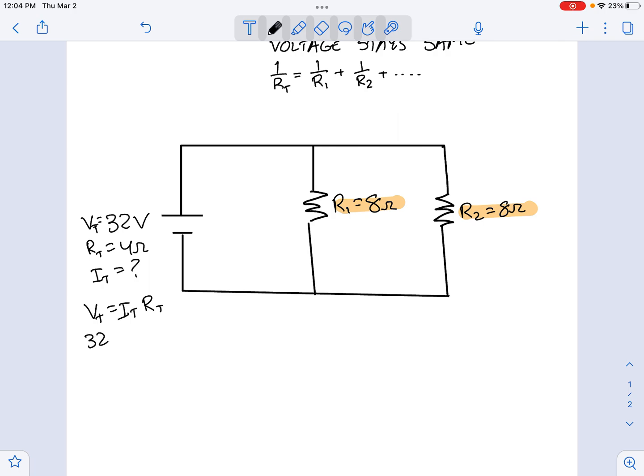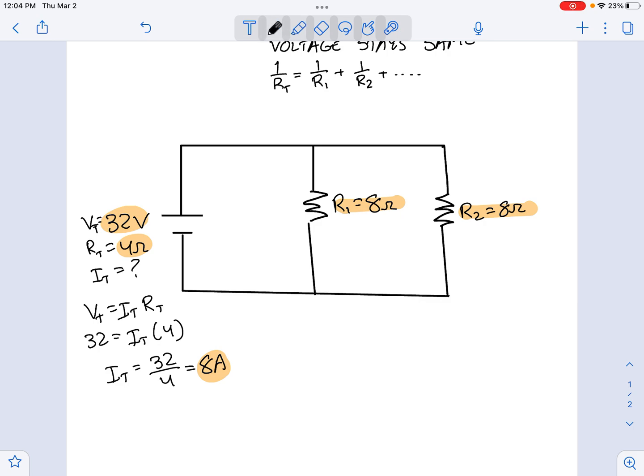VT we have 32, IT is our variable, and RT is 4. So IT is going to be 32 divided by 4, which is 8 amps. So we have all our total values. Our total current is 8, our total resistance is 4, and our total voltage is 32.